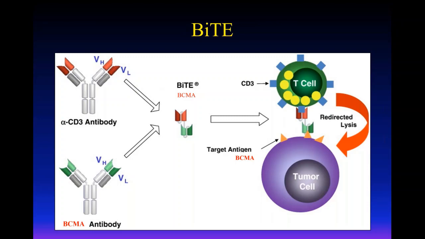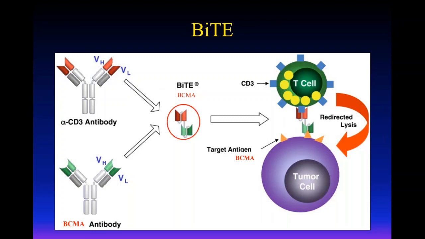In due course, the cytotoxic T lymphocyte will discharge its granules into the adjacent tumor cell, that is the plasma cell, and lead to cytotoxicity. There are ongoing clinical trials in the early phase using bispecific therapy against BCMA in myeloma.